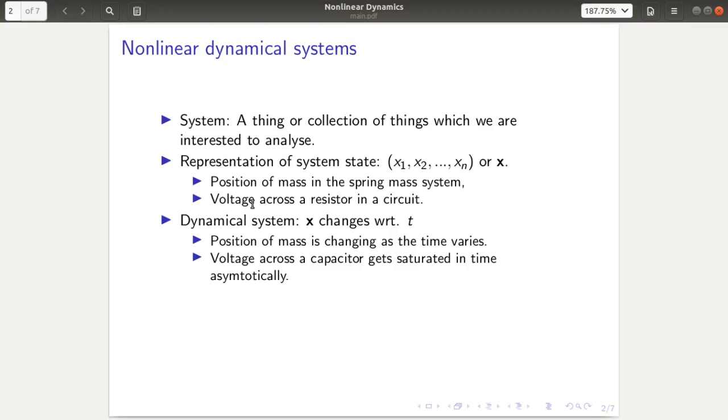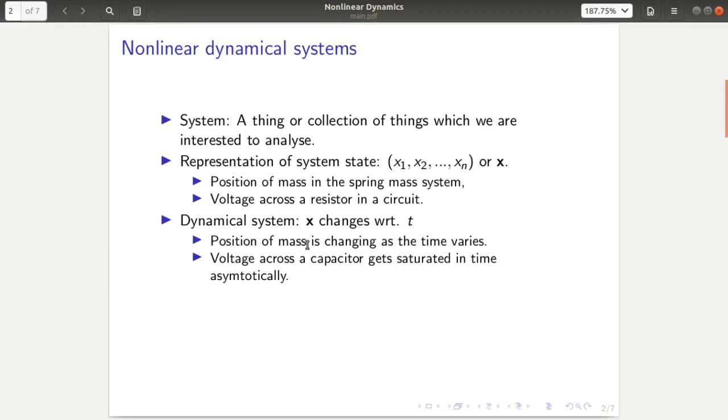Now the collection of state variables is represented by a big bold X. And if that X, the state variables, is changing with respect to time, which is represented by a small t, then that system is known as a dynamical system. For example, in the spring mass system, the position of the mass is the state variable, and that varies as a function of time when we give an initial excitation.